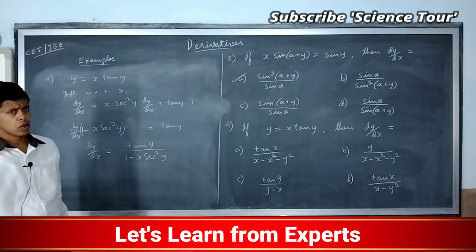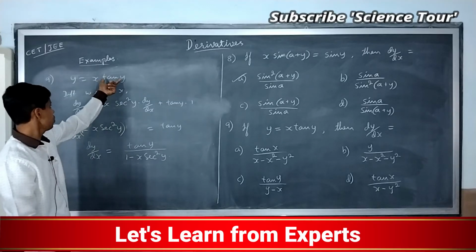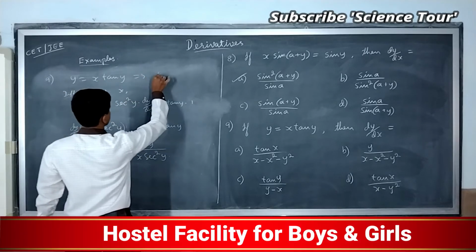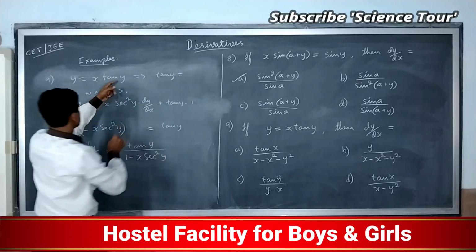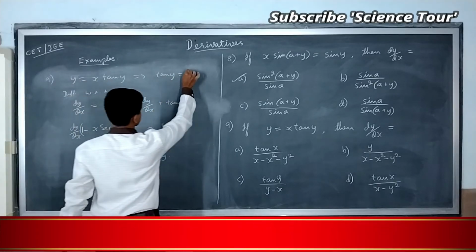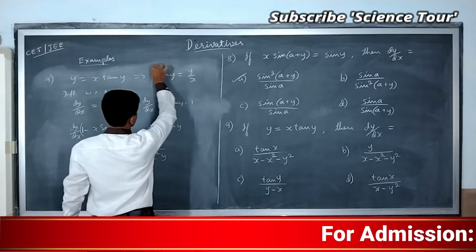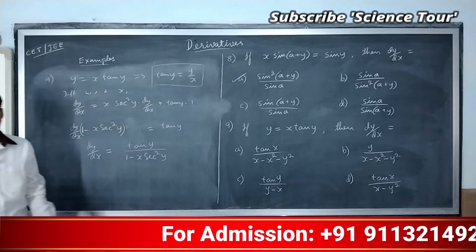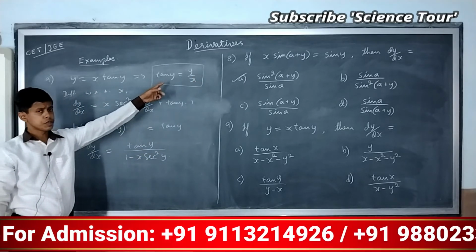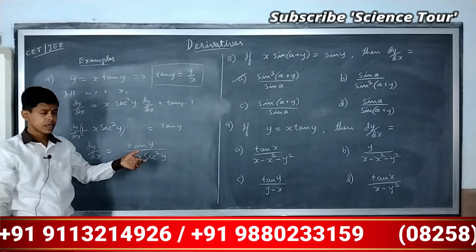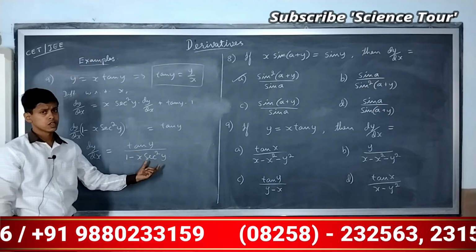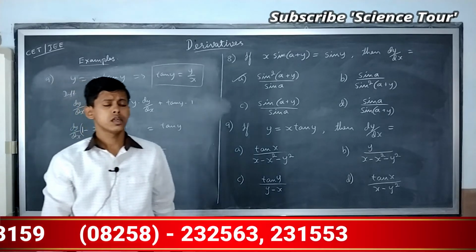We don't have that in the options, but what we know is tan y is equal to y by x. Let's make use of that. Okay, so I can substitute tan y, but where you have got secant square, that can be replaced with tan, correct?